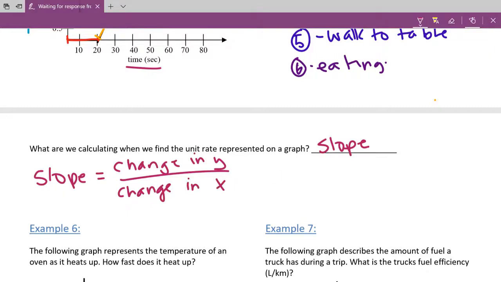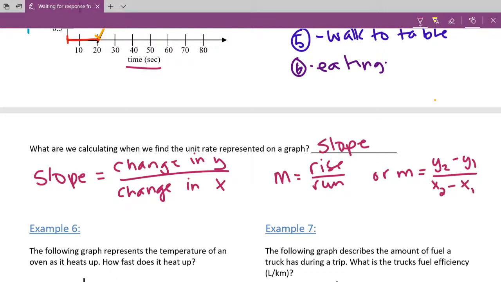Or some way we saw that was m equals the rise over the run. Or we could talk about it as a comparison of 2 points. My furthest y value, subtract where I started. Where did I end minus where I started? That tells me how far I've traveled. And then the same thing with x's. Where did I end? Subtract where I started. That tells me the difference. So when we're talking about the rates graphically, we're just talking about the slopes.